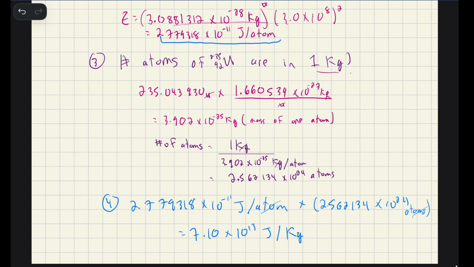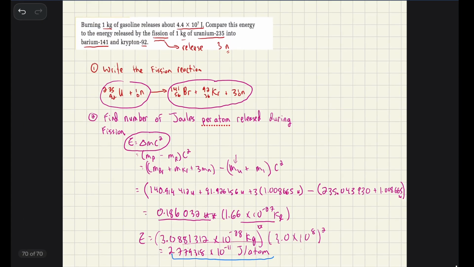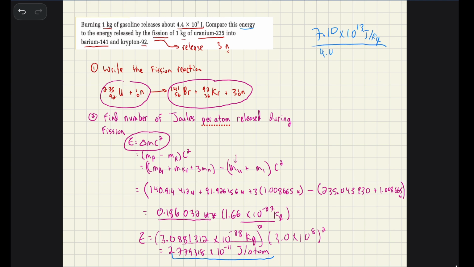Then the question's asking, how does that compare? To compare, we can just divide 7.1 times 10 to the 13 joules per kilogram by 4.4 times 10 to the 7 joules per kilogram.